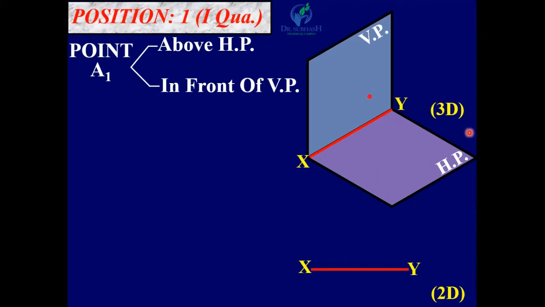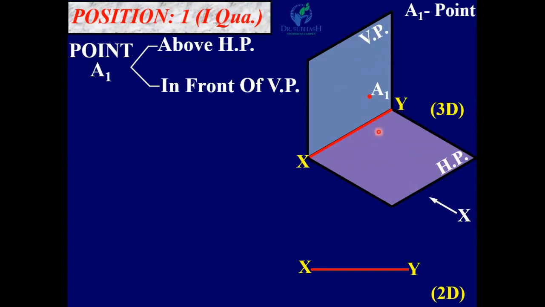Now here you can see the point A1. The original object or point is always denoted by a capital letter, so it is denoted by capital A1. Now you are looking from this X direction.